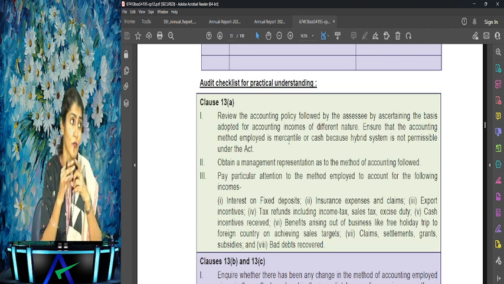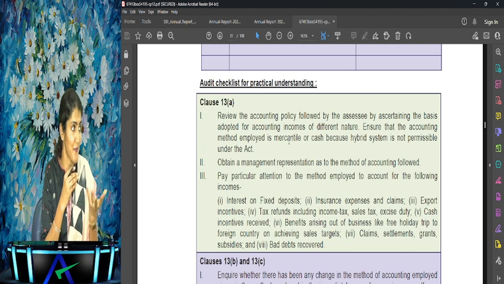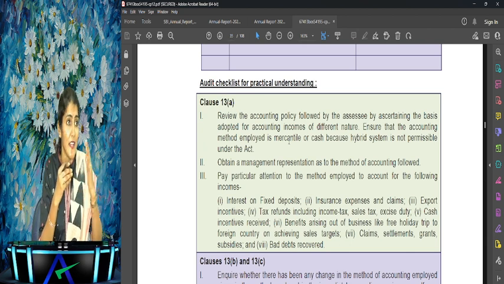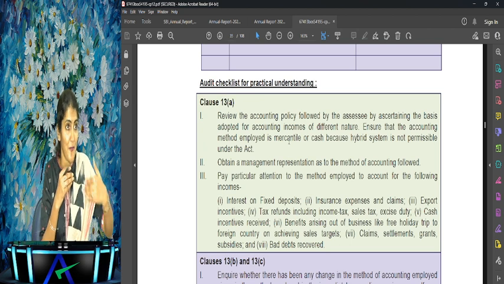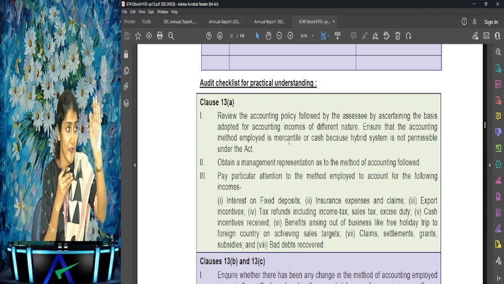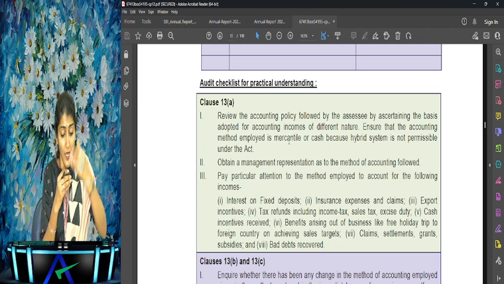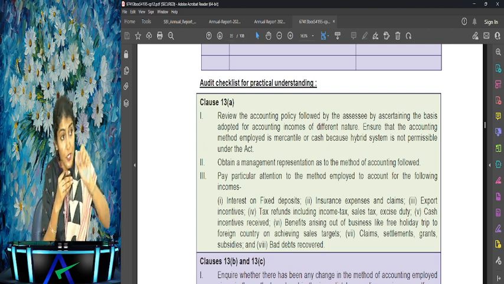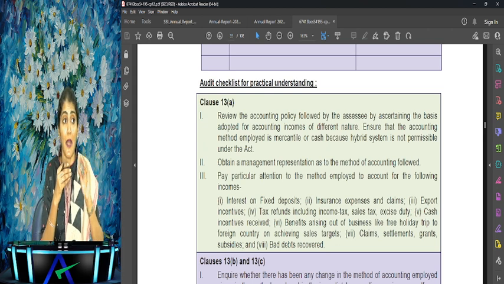There are some, so still I have taken 63, 64 questions. I've tried to cover maximum of it, but anything you do is anyways not enough, and it always asks for more and more of you. So no other chapter, but specifically I'm telling you for the tax audit chapter, whenever time permits, you can go to the ICAI Board of Studies knowledge portal, download this chapter from there, and check for each clause what is the audit checklist for the practical understanding.